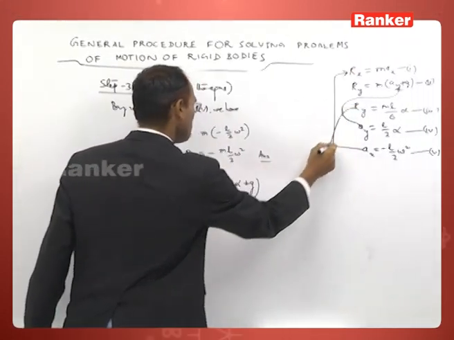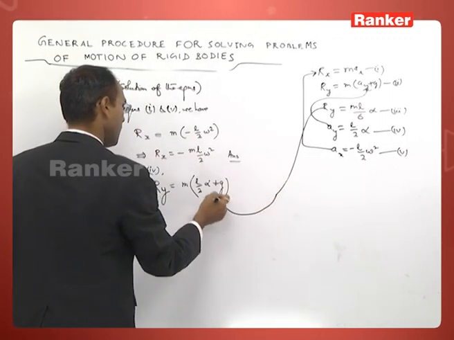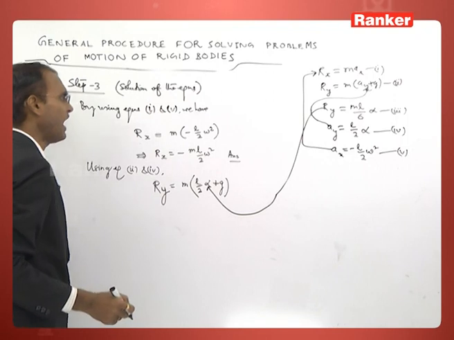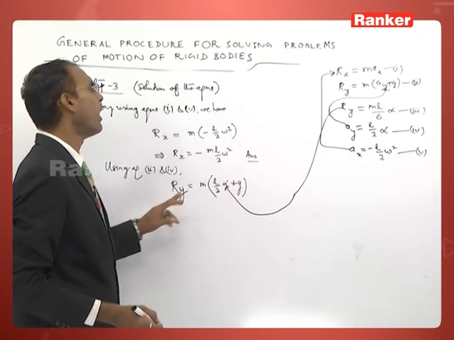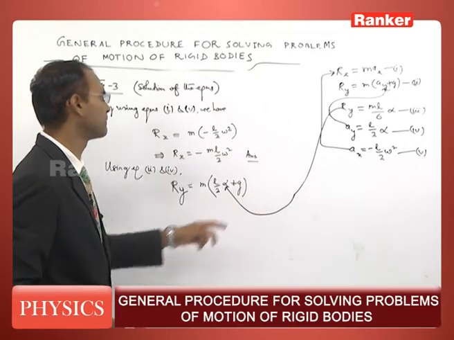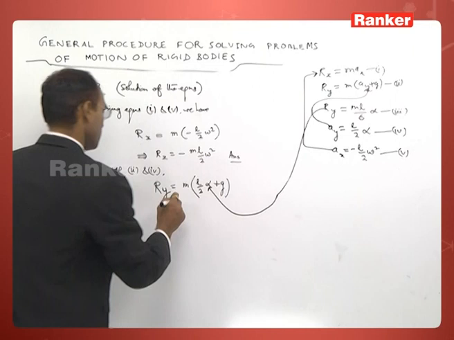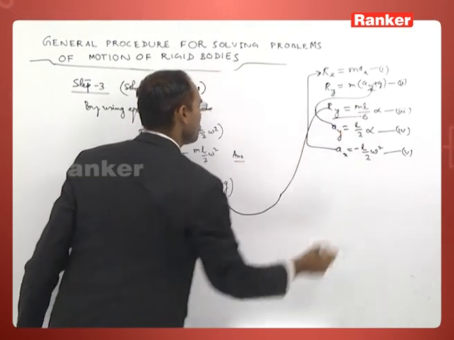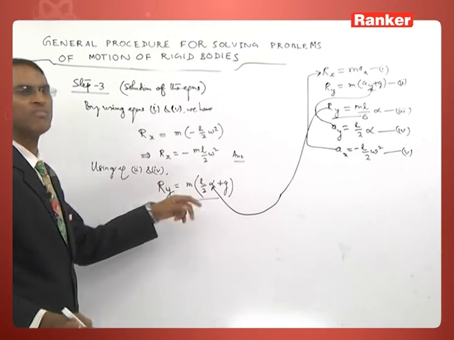Then we can substitute alpha to get Ry, or you can substitute Ry to get alpha. So these two equations, if you solve, we can get Ry and alpha.